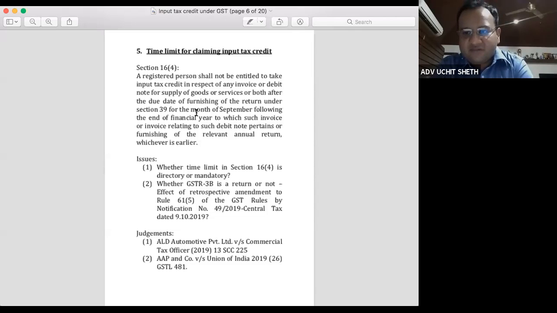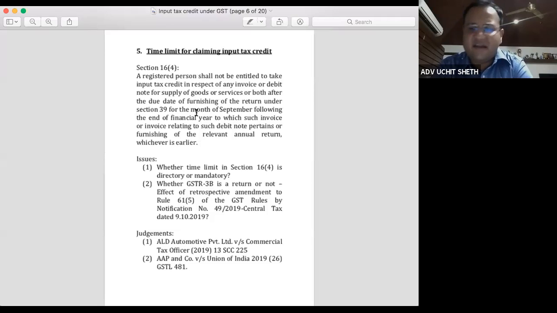Now, in light of such a chain of events, the question is that for the years 17-18 and 18-19, that is the years prior to this amendment, what would be the position, what would be the time limit for claiming input tax credit? Because now there is a retrospective amendment made in Rule 61 Subrule 5, the authorities are likely to take the view that even for the years 17-18 and 18-19, if you did not claim the input tax credit by the month of September following the subsequent year, you will not be entitled to input tax credit.